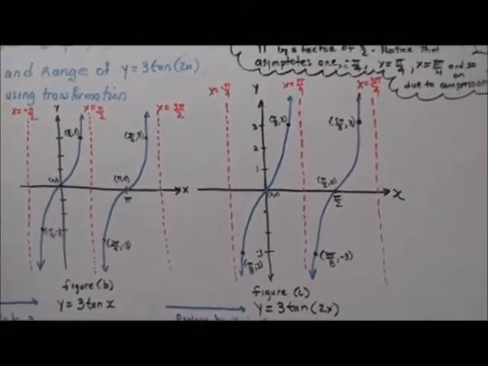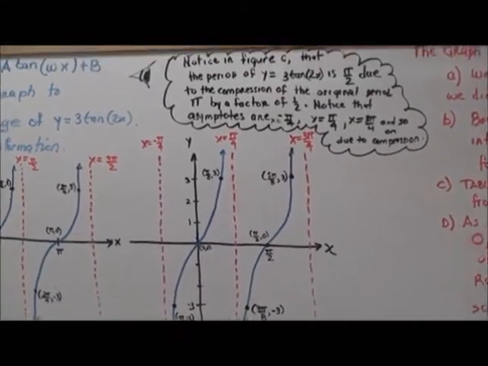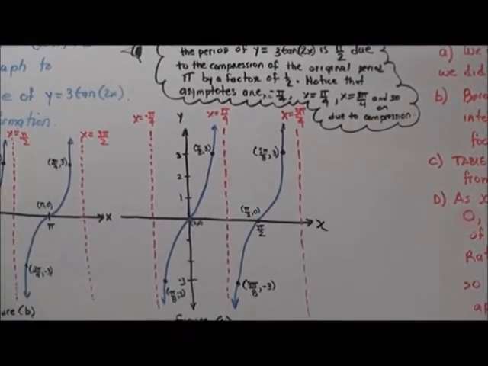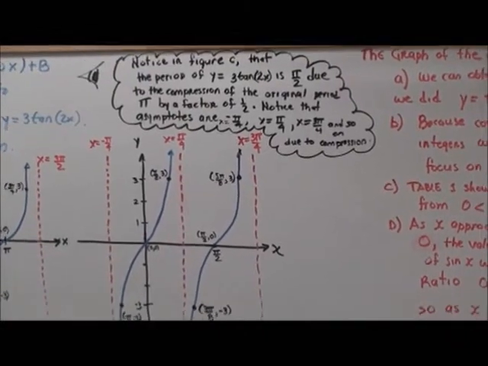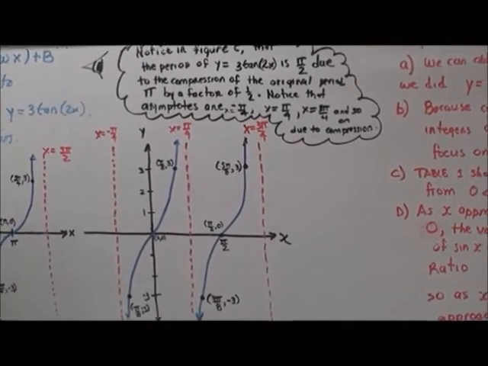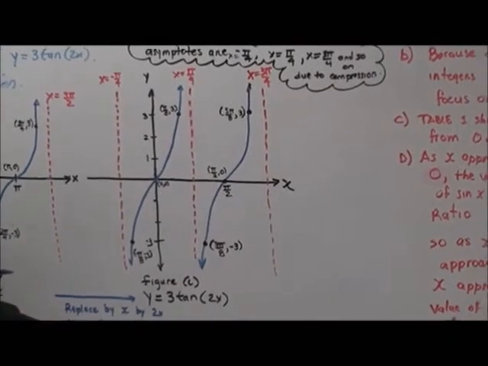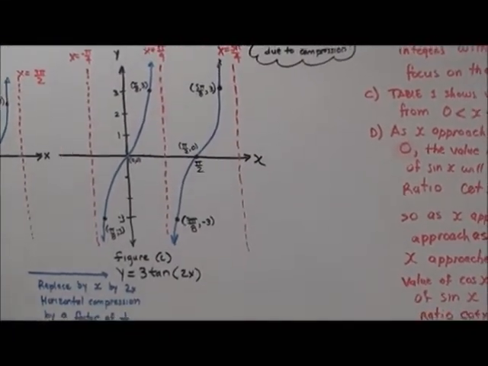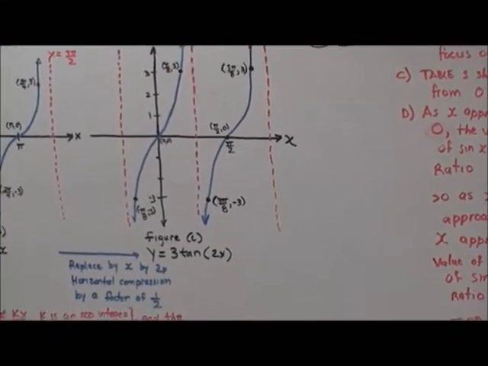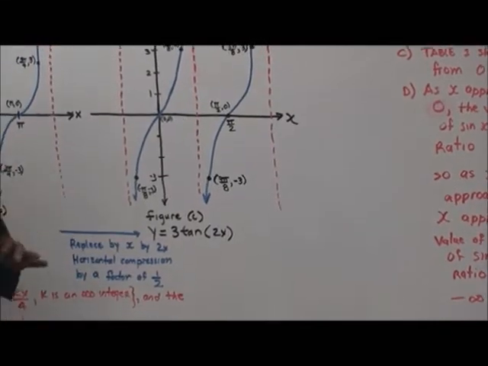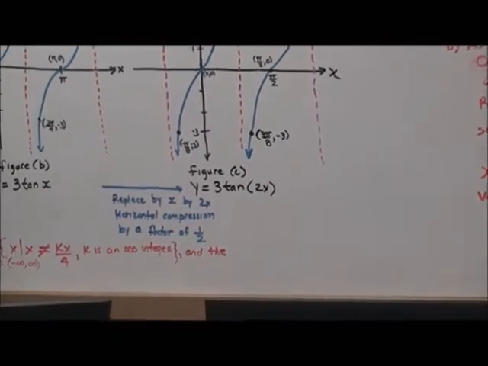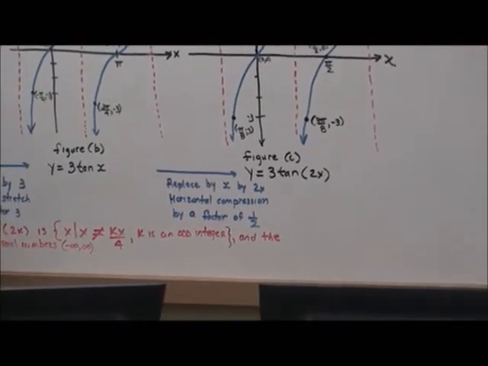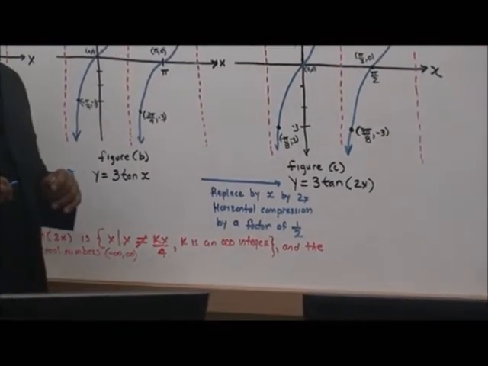Like I said, I highly emphasize tangent functions don't have amplitudes, right? So remember that. And as we replace x with 2x here, we get a horizontal compression by a factor of 1/2. Very, very important. We talked about calculating this in the earlier videos when we had the cosine and sine functions.